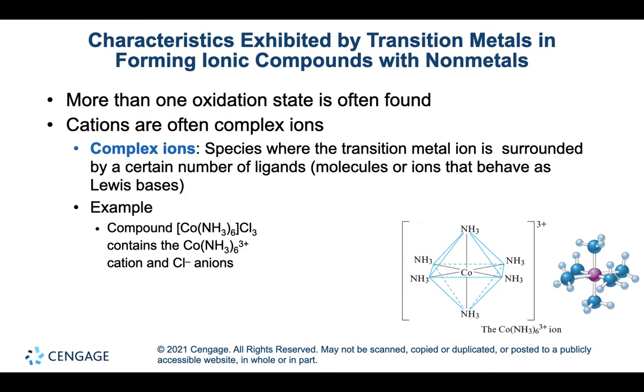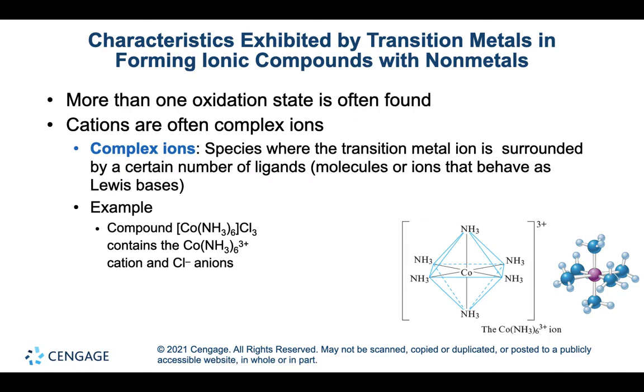Their cations can often form these complex ions. Complex ions are where a transition metal cation or positive ion is then surrounded in solution or maybe even in an ionic compound by ligands. Ligands are molecules or ions that behave as electron pair donors or Lewis bases. Remember NH3 in this picture, Co(NH3)6.